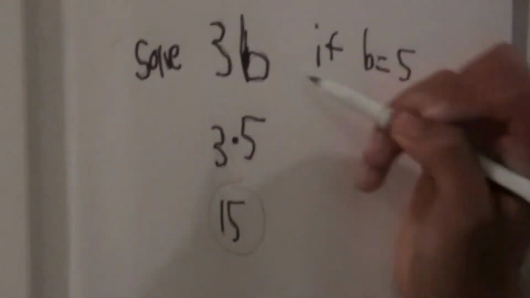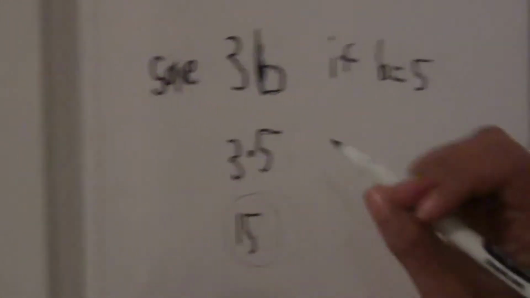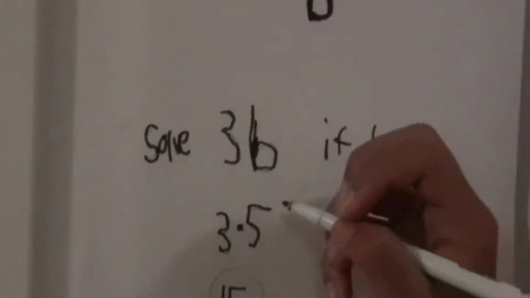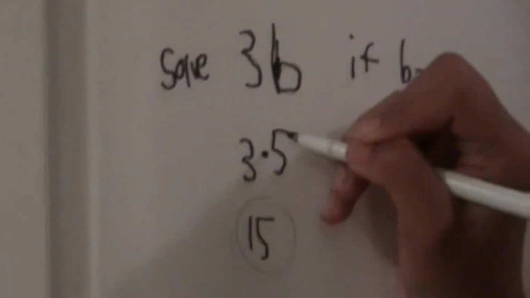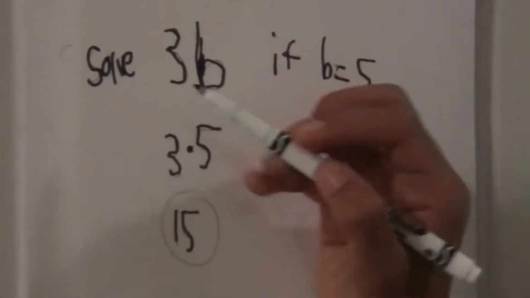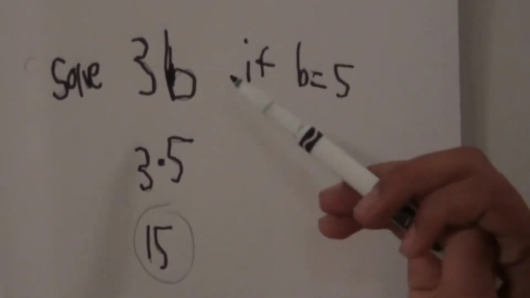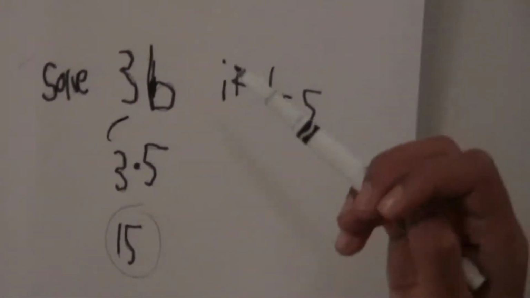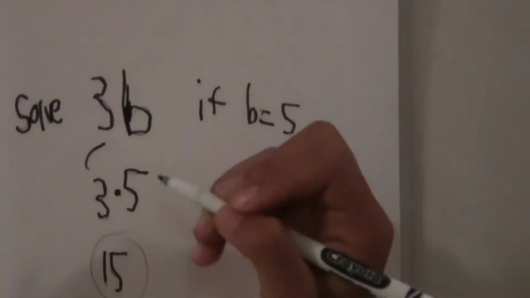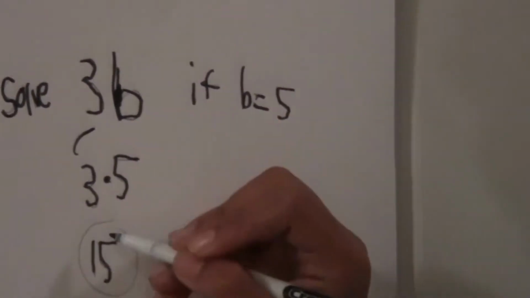We know that b equals 5. So we do the substitution, and that's 3 times 5. You may notice that I haven't put the multiplication symbol. That is because in algebra we don't use it, so that means multiplication. So now we solve the problem. 3 times 5 is 15.